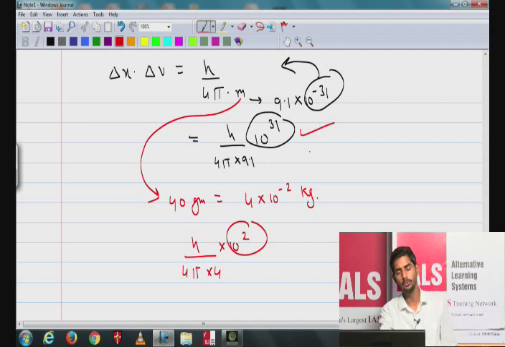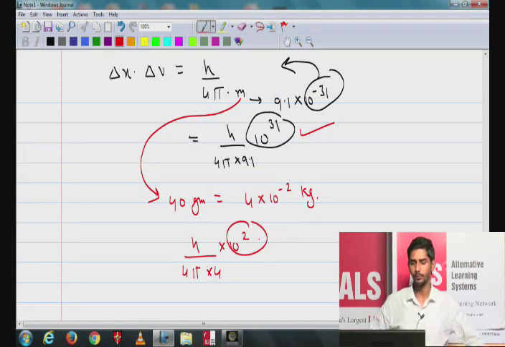When you solve it, there will also be some powers in delta x and delta v. Now, which one is very easy to observe, 10 to the power 31 or 10 to the power 2? Tell me. Obviously, 10 to the power 31 is quite easy to observe instead of 10 to the power 2. That's why we said it is applicable to microscopic objects, because after solving the equations we get bigger values, which are quite easy to encounter and deal with.